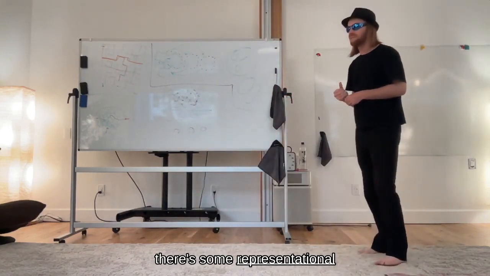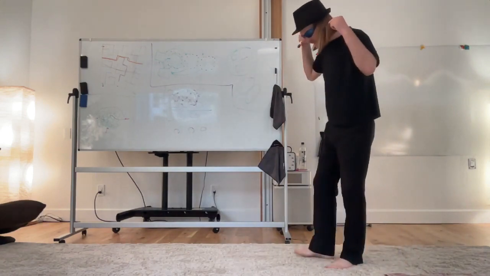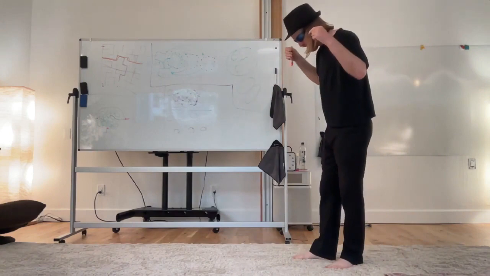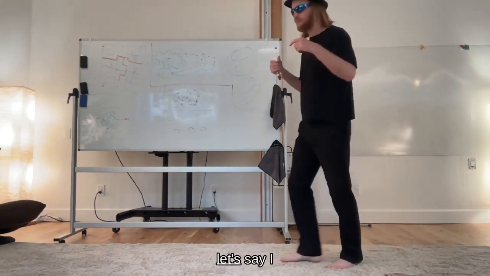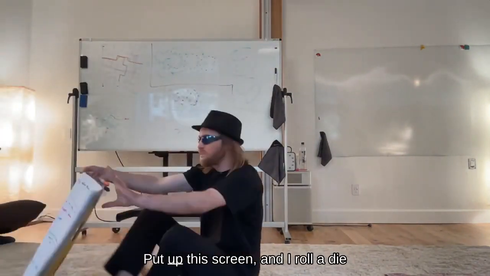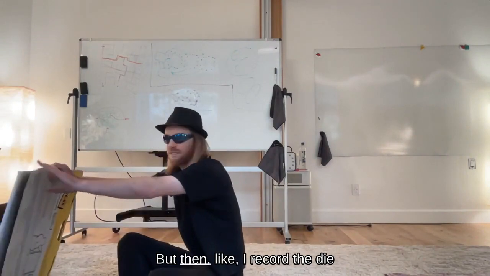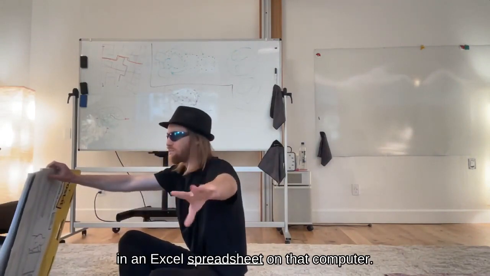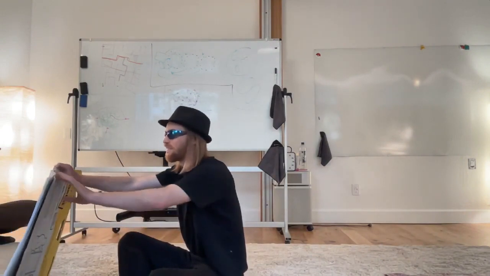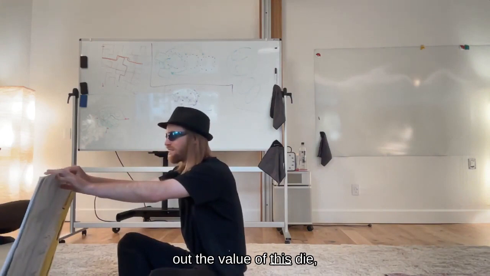There's some representational system. Let me do a concrete example. Let's say I put up a screen, and I roll a die behind it. You don't know the value of the die. But then I record the die in an Excel spreadsheet on that computer. And now I'm like, Eli, I want you to figure out the value of this die.